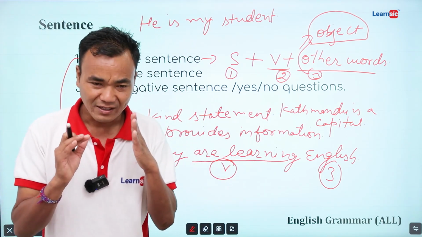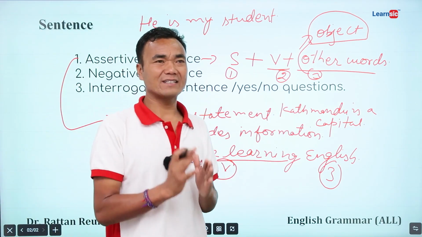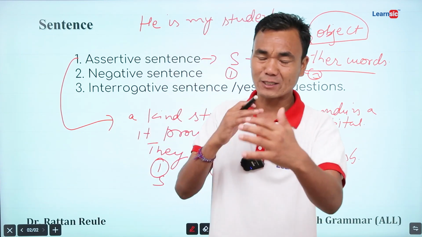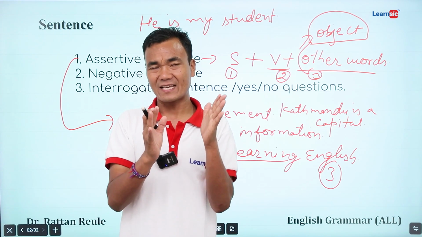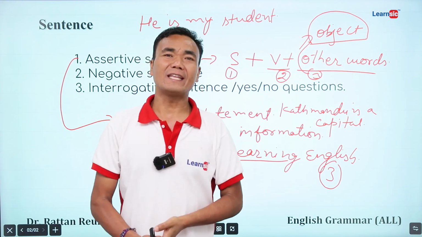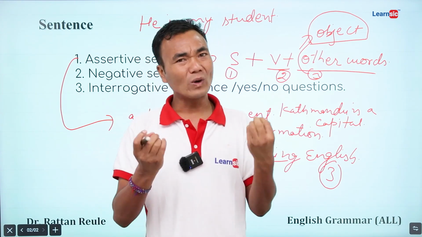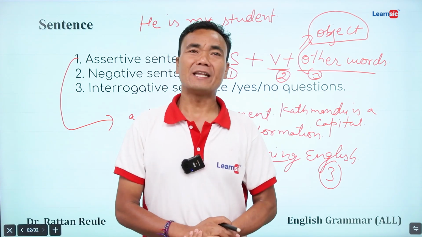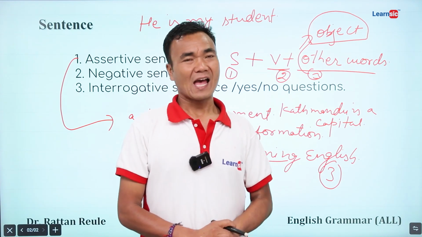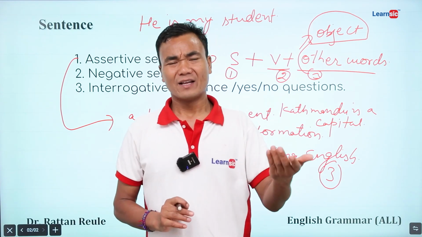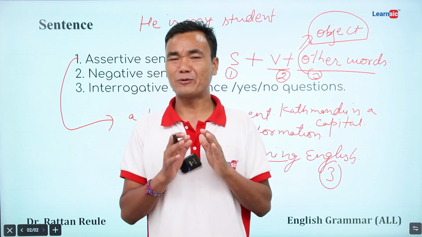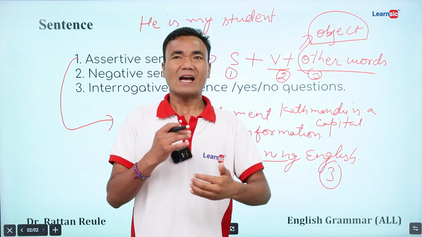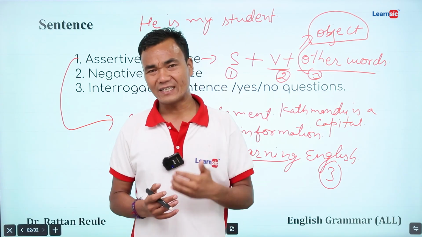The greatest role of the assertive sentence, when we write or speak sentences having subject, verb, and object, is that they supply only information. For example, Nepal is a beautiful country. I'm working in Nepal. So it's information. If somebody asks how is Nepal, or what are you doing, I say I'm learning English.